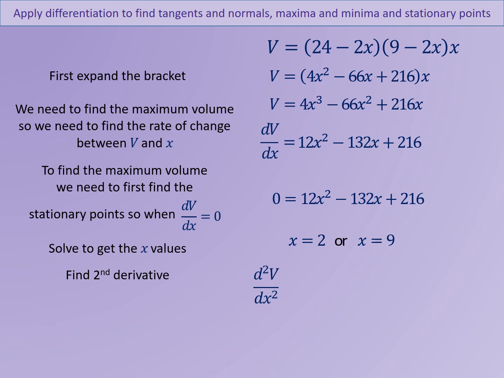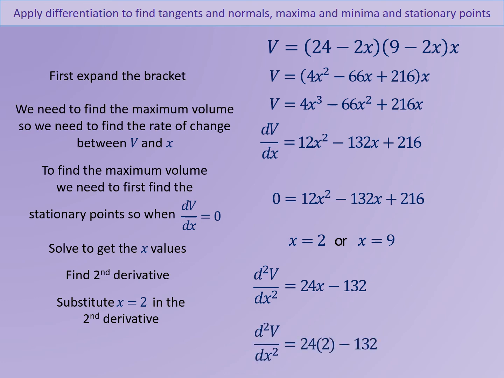I'm differentiating dV by dx, and I get d²V over dx² equals 24x minus 132. If I take my first value of x and place that into the second derivative, I get a negative number. I get minus 84.